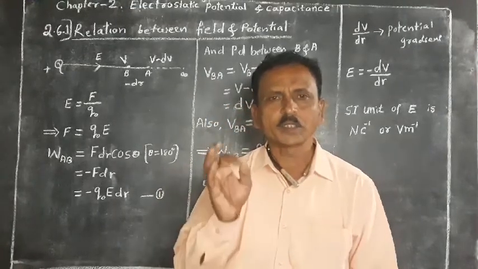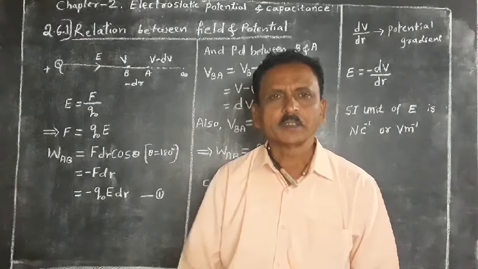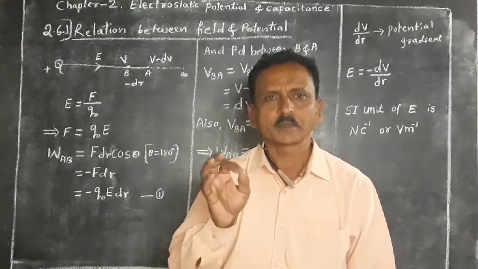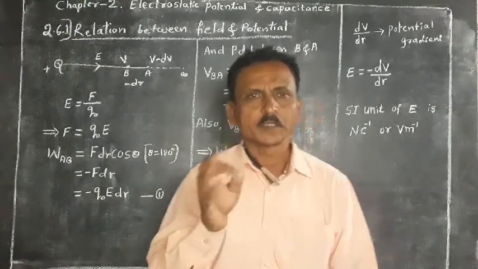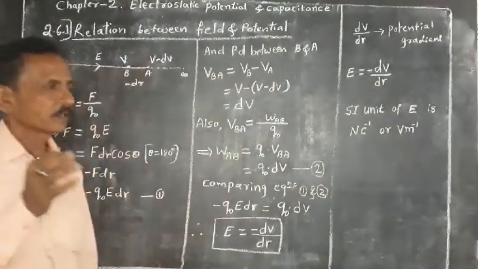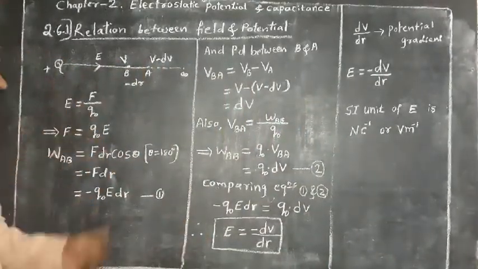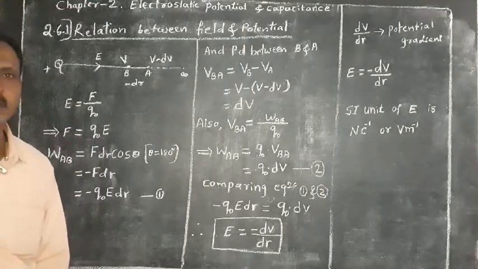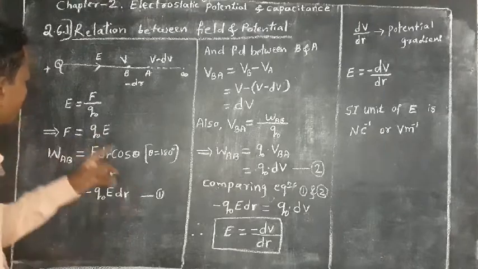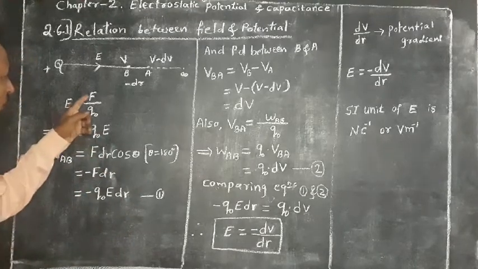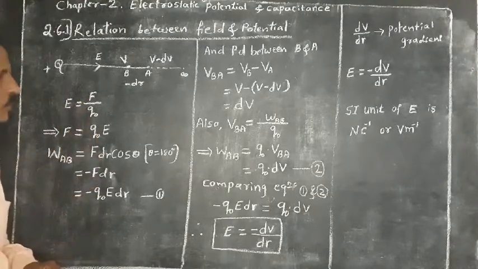According to the definition, the intensity of electric field in an electrostatic field is the force per unit charge, E equal to F upon Q naught.